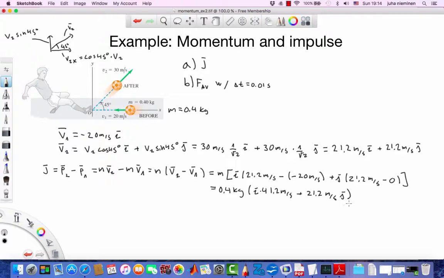This is the vector form of the impulse from the foot.